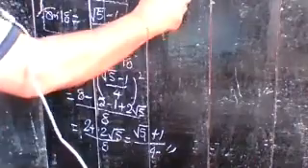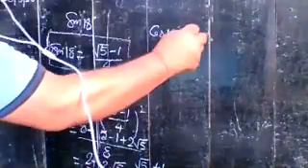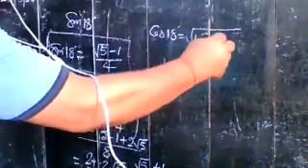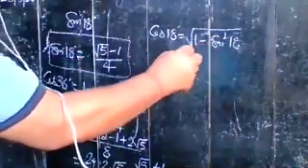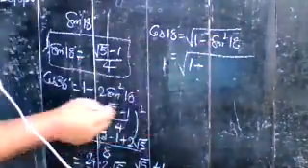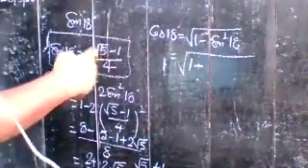Next, value of cos 18. Cos 18 degree is equal to under root 1 minus sine square 18 degree. Now putting its value, under root 1 minus square of it, so you take its square.